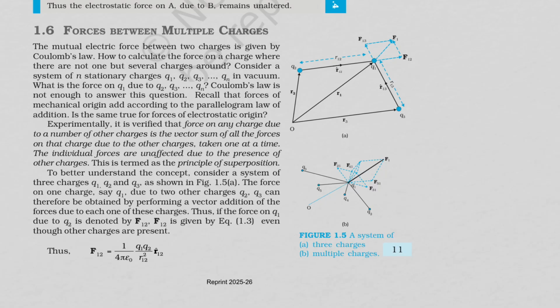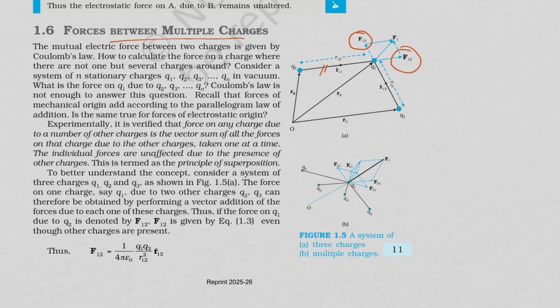Let us also understand there can be many charged bodies, and if we have to find the total force on a particular charge due to all other charges, then we will individually find the forces using Coulomb's law. Like we will find the force on 1 due to 3, and the force on 1 due to 2. Individually we find them, and then finally we add the vectors using vector addition.